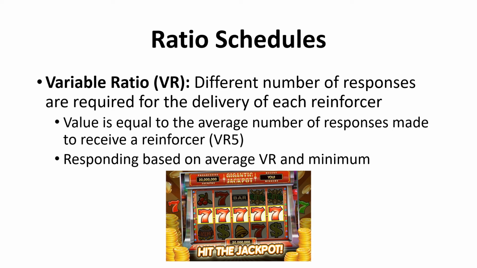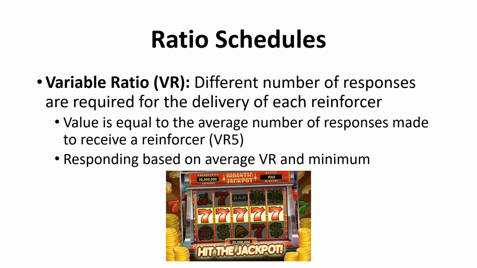It's going to be changing and flexible. So what we tend to report is a VR of the average number of responses that's needed to receive reinforcement. So a VR of 5 says that every 5 or so responses you will receive reinforcement.